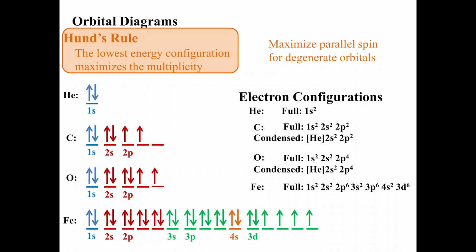You can see for these larger elements, this is why we would want to use a condensed version, because most of the chemistry happens with the valence electrons. And so this has the same noble gas configuration as argon plus 4s2 and 3d6. This is where the electrons would be that would actually have some reactions and chemistry and bonding that would occur for iron.